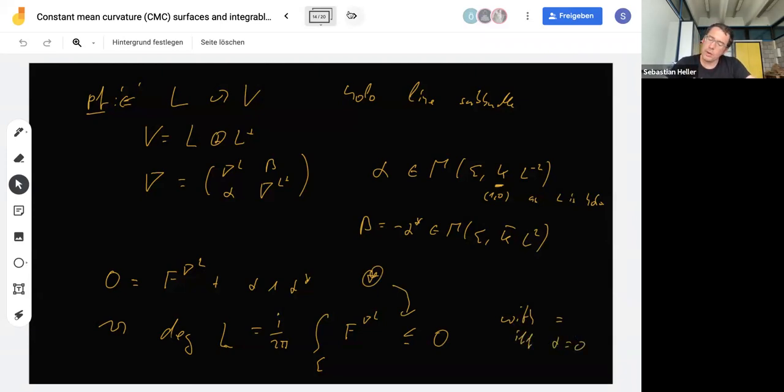So we get automatically that if we have a flat unitary connection which induces the holomorphic structure, it is semi-stable because every holomorphic line subbundle has non-positive degree.